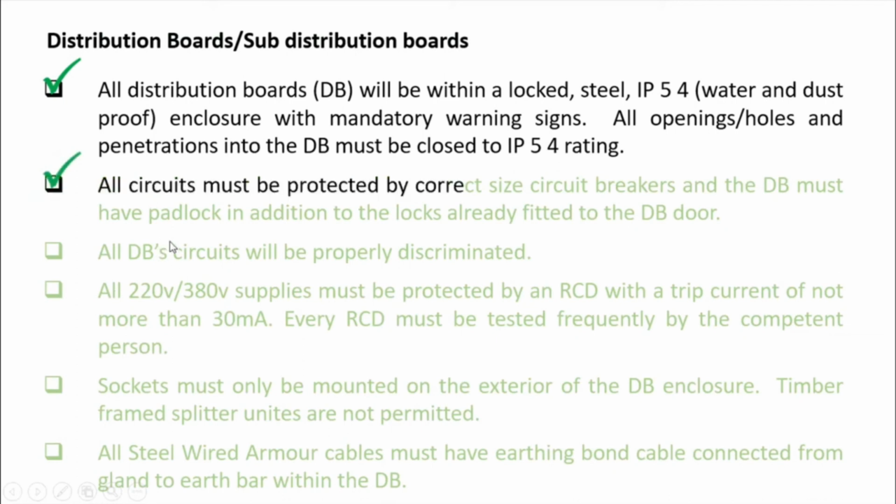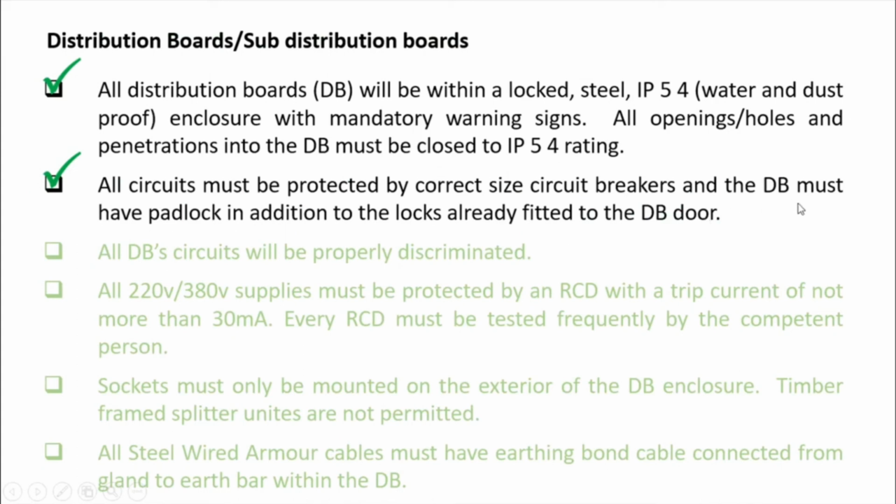All circuits must be protected by correct size circuit breakers, and the DB must have a padlock in addition to the locks already fitted to the DB door. So this is our minimum. Even if there is a built-in lock, we need to fit also the padlock, because with the built-in lock, any key can open it. At least if you have the padlock, you can prevent unauthorized opening of your DB.